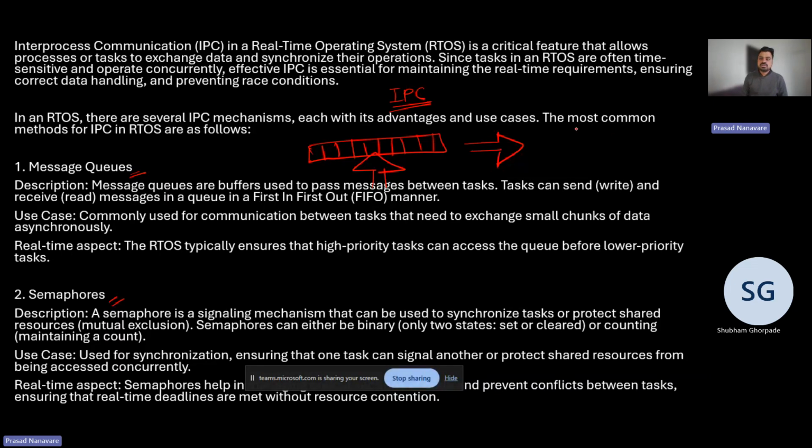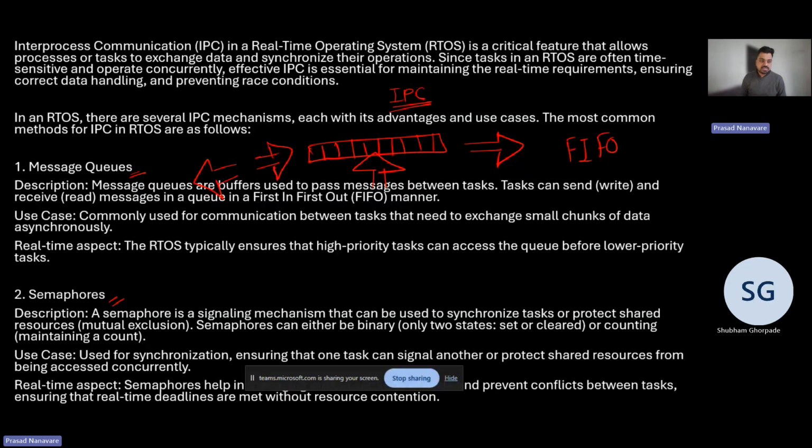A task can push a message to a queue, and get a message out of the queue when it is receiving. So it's basically a FIFO, first in first out queue, because this is a queue data structure.